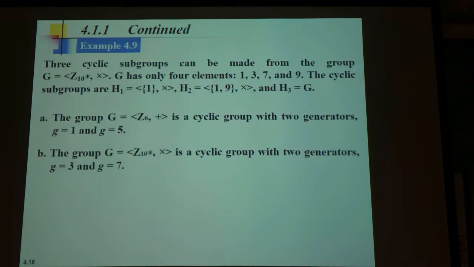All right. So 3 cyclic subgroups can be made from a group Z10. We already saw these. The group G, Z6 plus, is a cyclic group with 2 generators. What are the 2 generators? 1 and 5. Why do we call them generators?